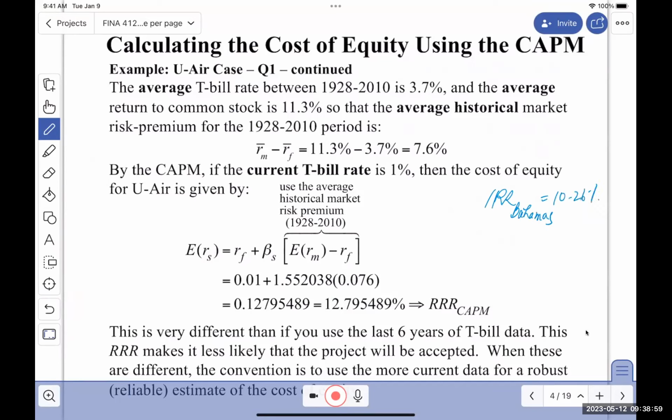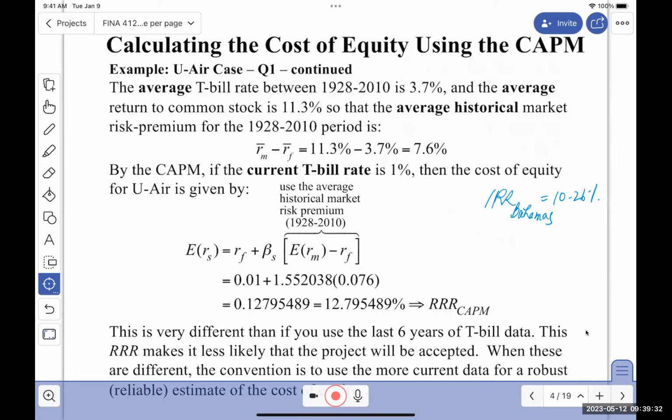What does that 10.26 mean? It's the rate of return if you invest in the project, that will be 10.26%. Very good. But if this is the required rate of return, what should we do? It's not high enough. We reject. So now we have a very difficult decision to make, because one estimate says accept the project, the other estimate says reject the project.